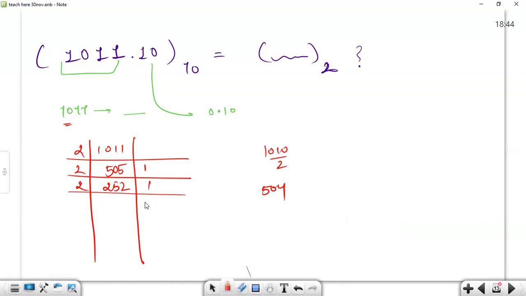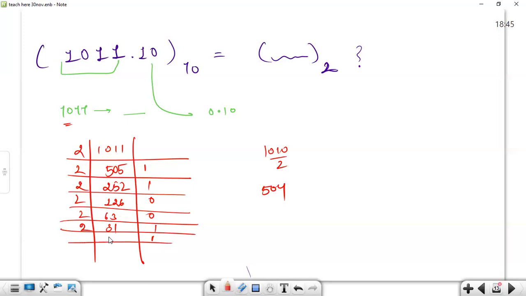This is an even number. We do not have to subtract anything. This is also an even number. This is an odd number now. 62 by 2 becomes 31. Odd number, 30 by 2, 15. Odd number, 14 by 2, 7.